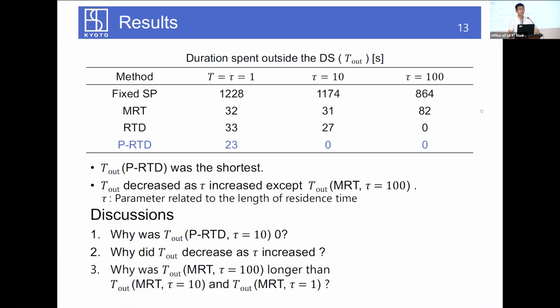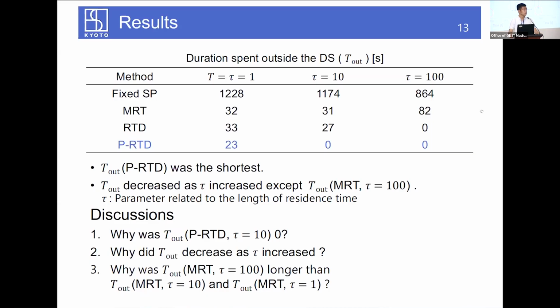In particular, it can be seen that T out is 0 for the RTD and PRTD methods when T equals 100, but only for the PRTD method when T equals 10. We also see that T out becomes shorter as tau increases, except for the MRT method when T equals 100. These reasons are discussed next.